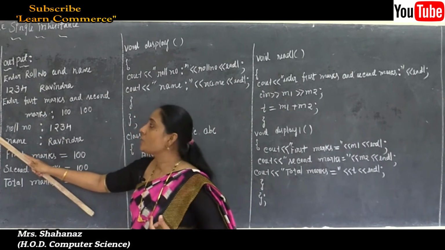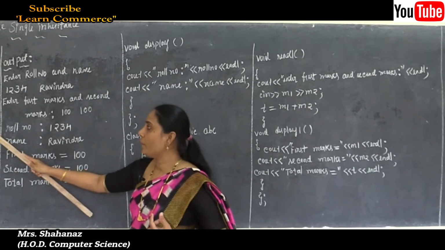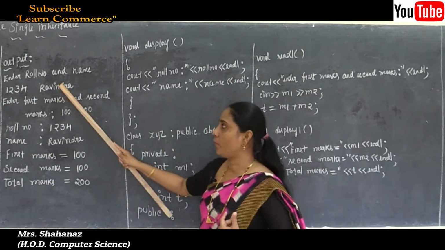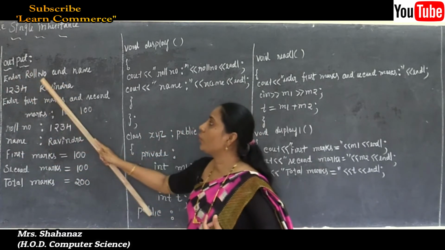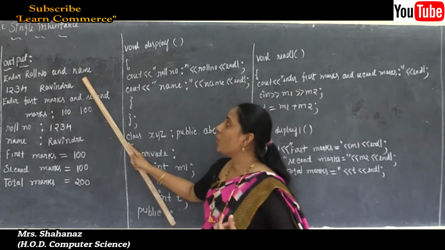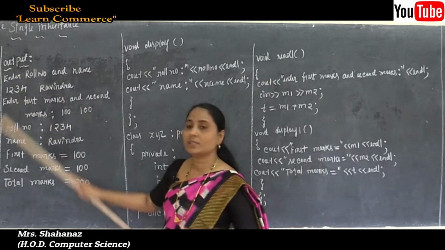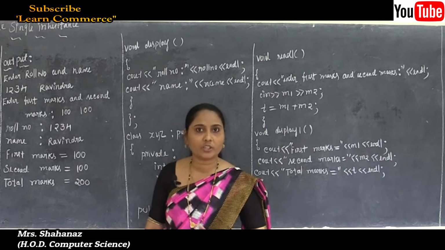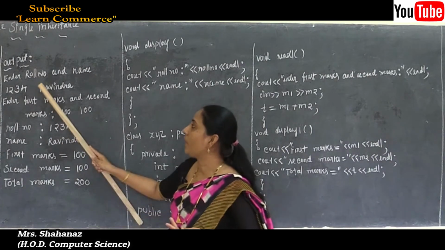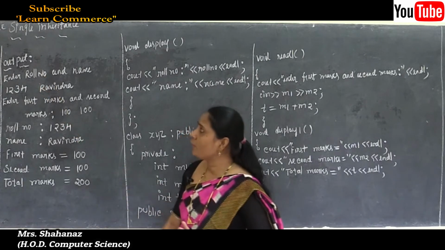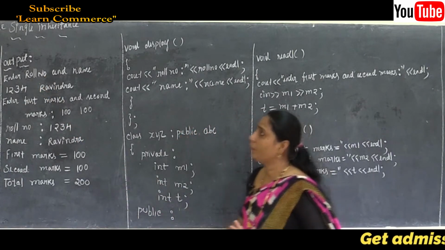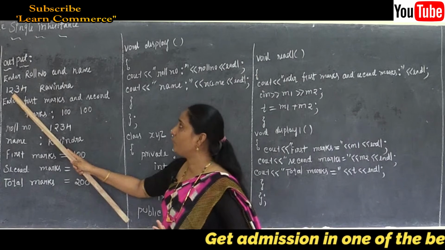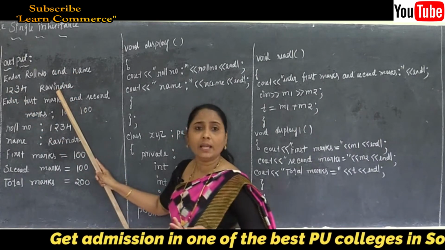In our read member function we already wrote the message to enter roll number and name. By using the cin function we enter the information: for the roll number 1234, and for the name I am using Ravindra.